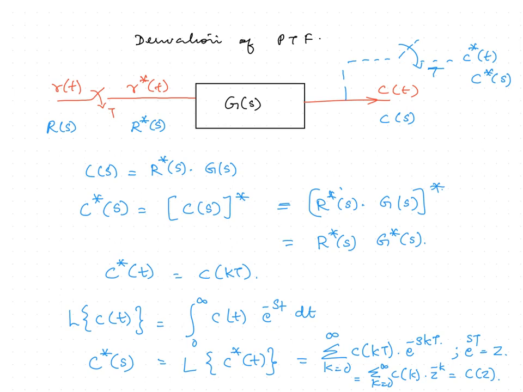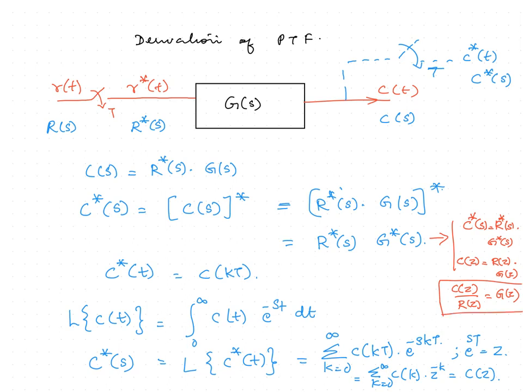That is, C star of s can be easily replaced by C(z). So if you look at this equation, we can write C star of s is equal to R star of s into G star of s. Hence, C(z) is equal to R(z) into G(z), and C(z) by R(z) is equal to G(z).